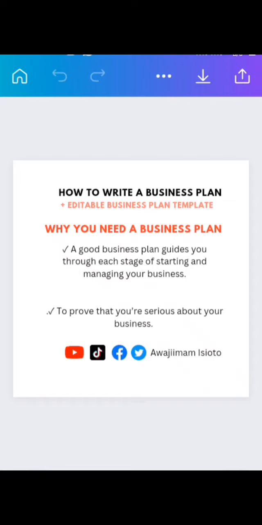So when investors come and they see your business plan, they know that this person is actually serious about doing business. They can look at your plan and say, okay, wow, we can work with this person, we can partner with this person, we can even give him a loan. So these are two major reasons that I have picked for why you should have a business plan.